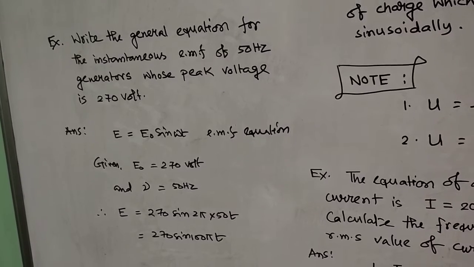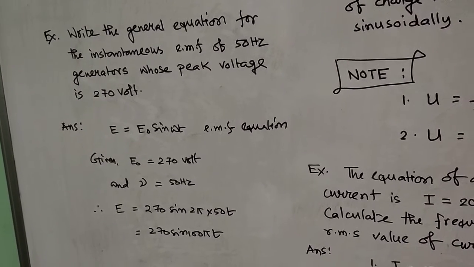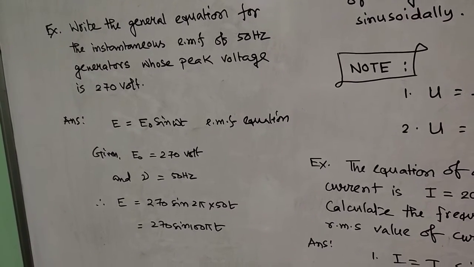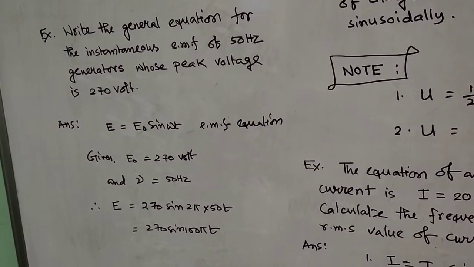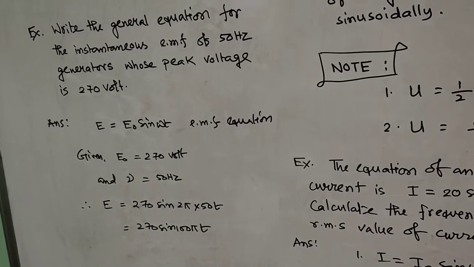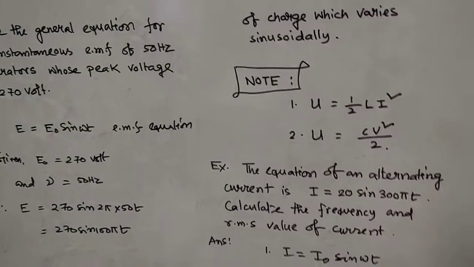So the instantaneous EMF is E naught sine omega t, that is 270 sine of 2 pi times 50 t, so you will get 270 sine of 100 pi t. So these are the numericals related to the topic.